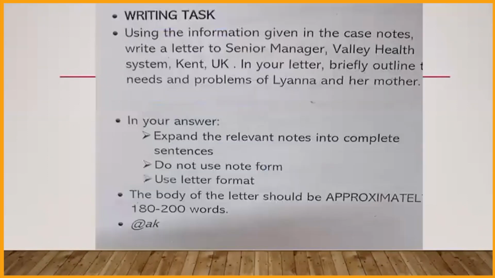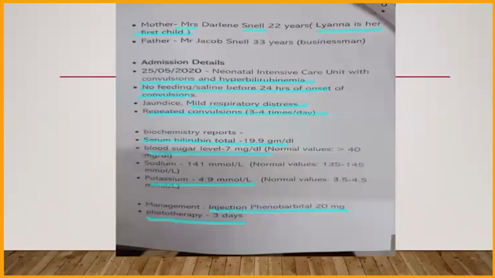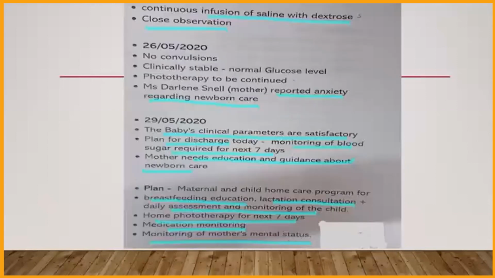If you look at the writing task, is it clear as to what the purpose is? In your letter, briefly outline the needs and problems. So I thought it was less of clarity. So in that case, what do you do? You have to go to the plan.